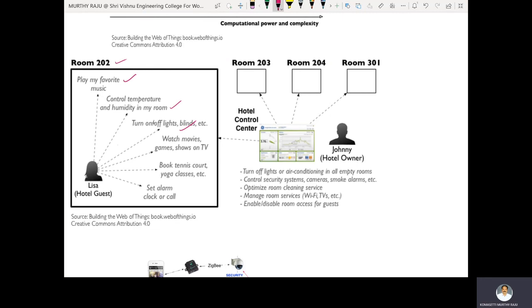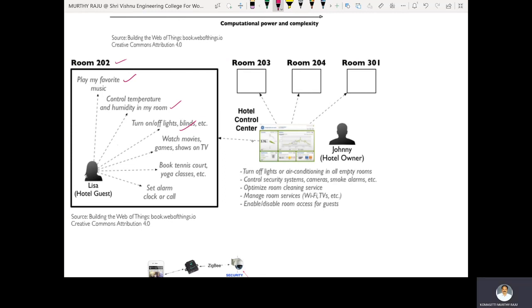But in that hotel there are so many rooms: 202, 203, 204 and 301. To integrate all these rooms' actions by one person, Johnny, the hotel owner, who is away from the hotel, we use web protocols.